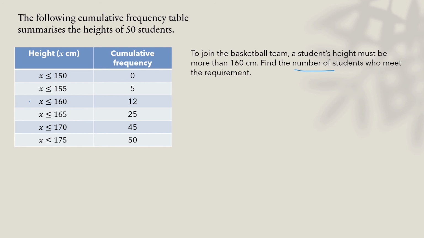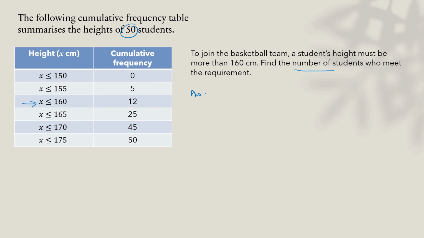We know we're going to look at this class, because this class tells us that the number of students whose height is maximum 160 is 12. So we want students more than 160. We know that the total number of students is 50. So if 12 students have a height of maximum 160, that means the rest of them will have a height of more than 160 centimeters.